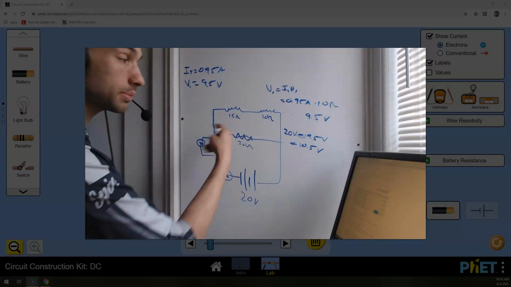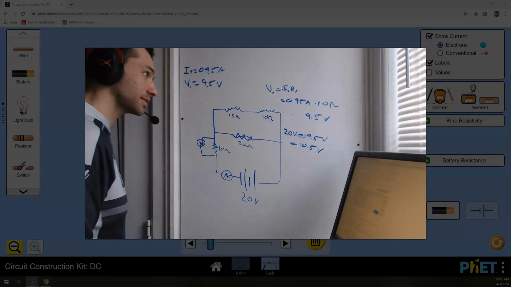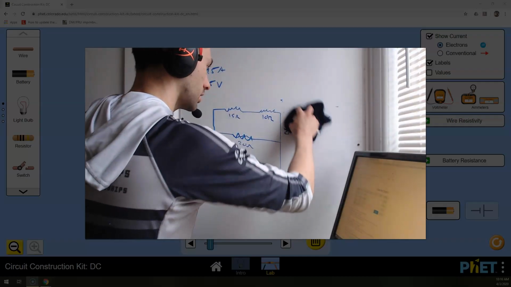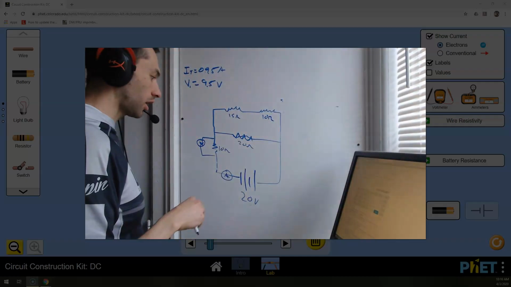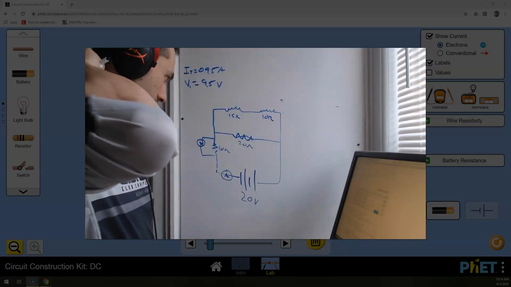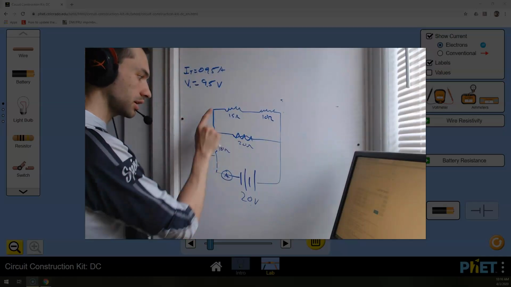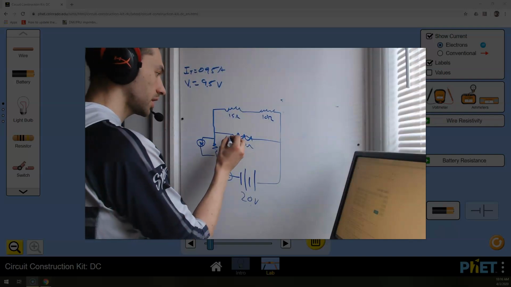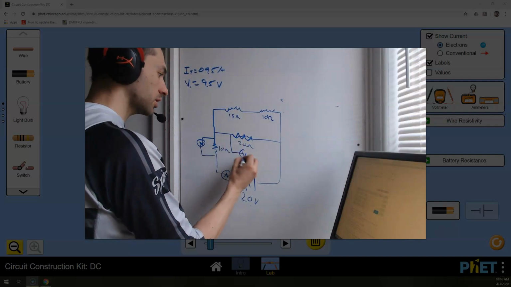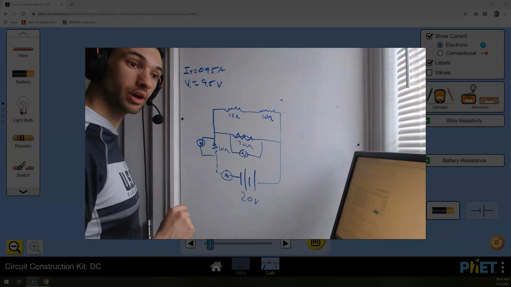How is that going to get split up here? I'm not sure yet, but let's continue. I know that 10.5 volts goes each way because this lost 9.5 volts. So I know that if I put a voltmeter here, that voltmeter would read 10.5 volts.